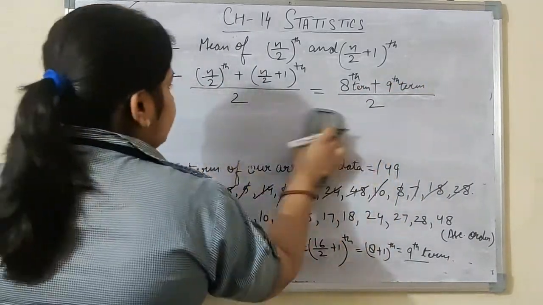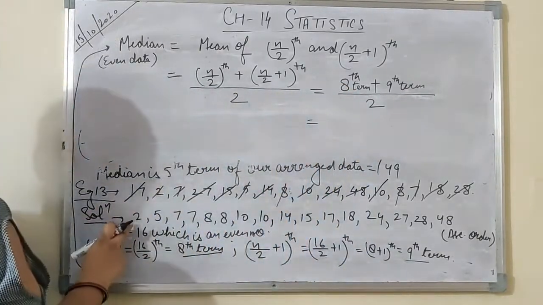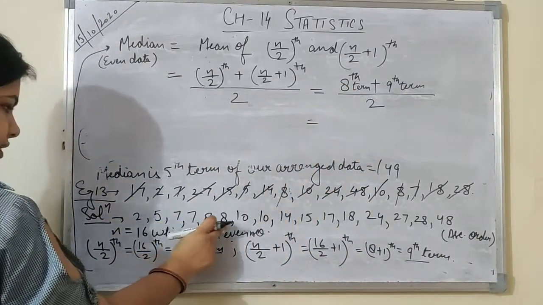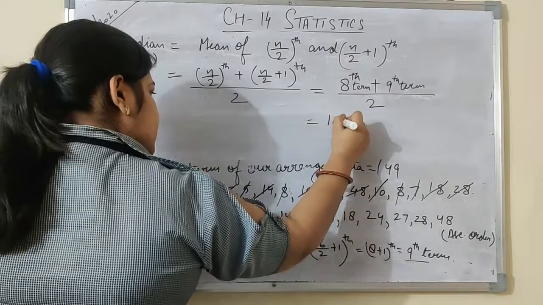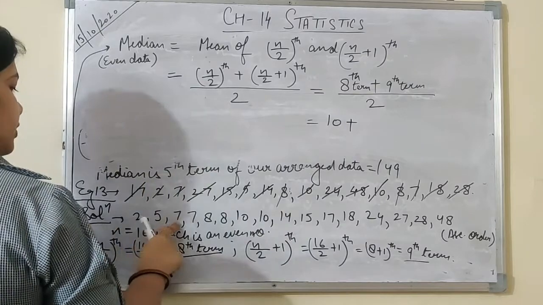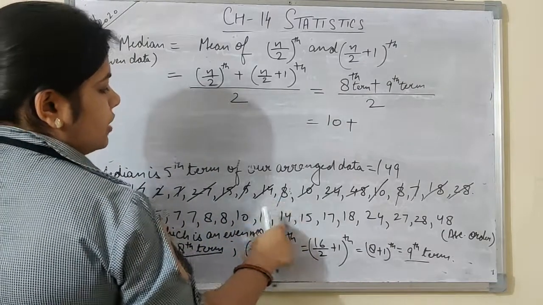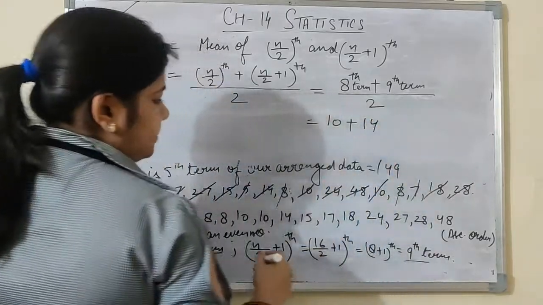In the next step, our 8th term from the given data is 1, 2, 3, 4, 5, 6, 7, 8, that is 10. The 9th term from the given data is 1, 2, 3, 4, 5, 6, 7, 8, 9, that is 14.